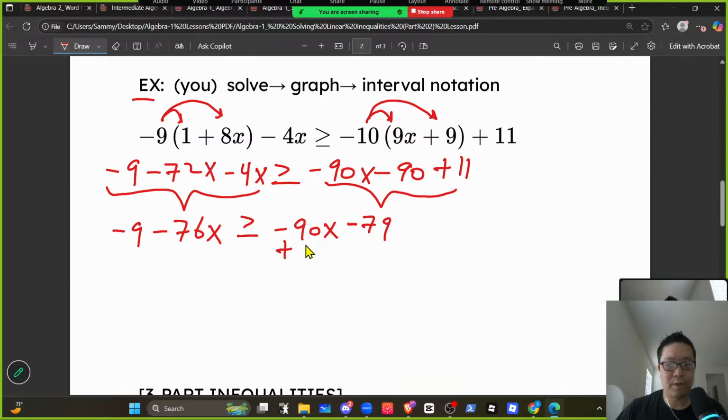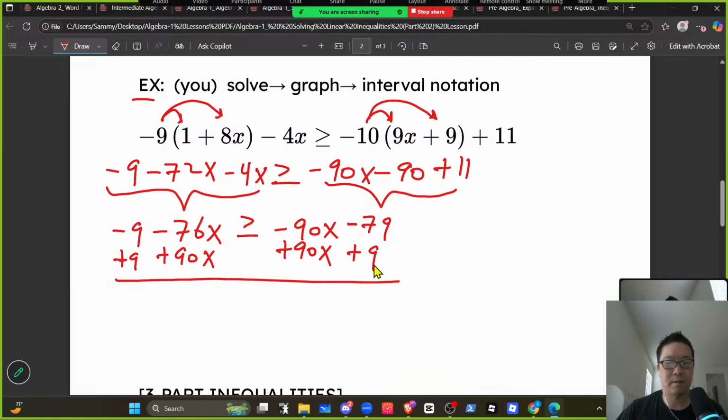So I'm going to move this 90x to the left side by adding 90x to both sides. I'm going to move this constant to the right side by adding 9 to both sides. When we do that, what do we get on the left side? 14x, greater than or equal to negative 79 plus 9, negative 70. Divide both sides by 14.